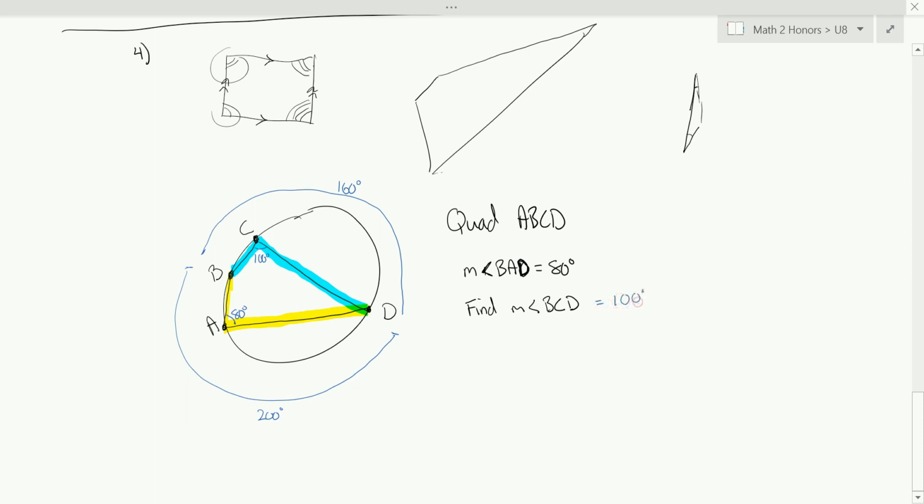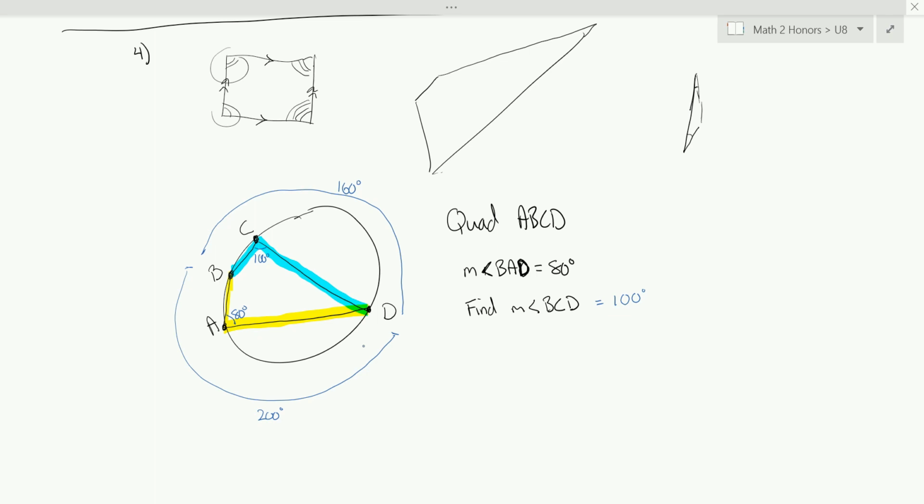And it turns out that these are what we would call opposite angles, right? If you have any quadrilateral inscribed in a circle, the opposite angles will always add up to 180 because they're half of the full circle, right? Full circle is 360, and half of the 360 is 180.